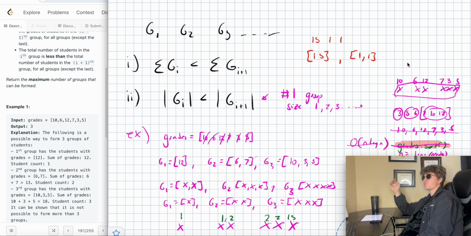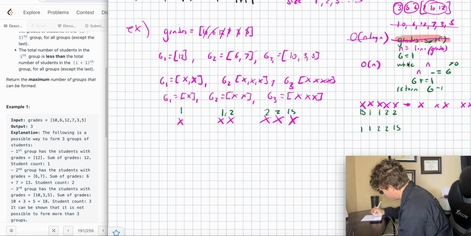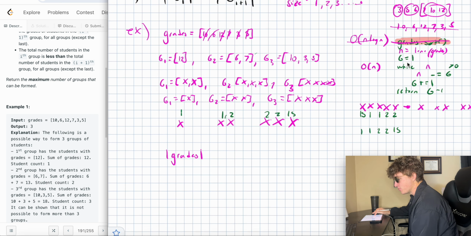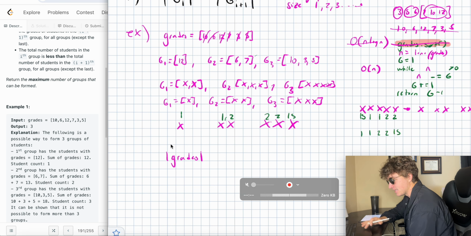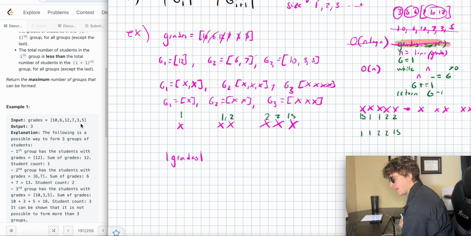What we're really doing is taking our N value, our length of grades, and trying to figure out how many times we can subtract out of it. Like here, the length of grades is 6. So I could subtract out a 3, then a 2, then a 1, and my answer is 3.